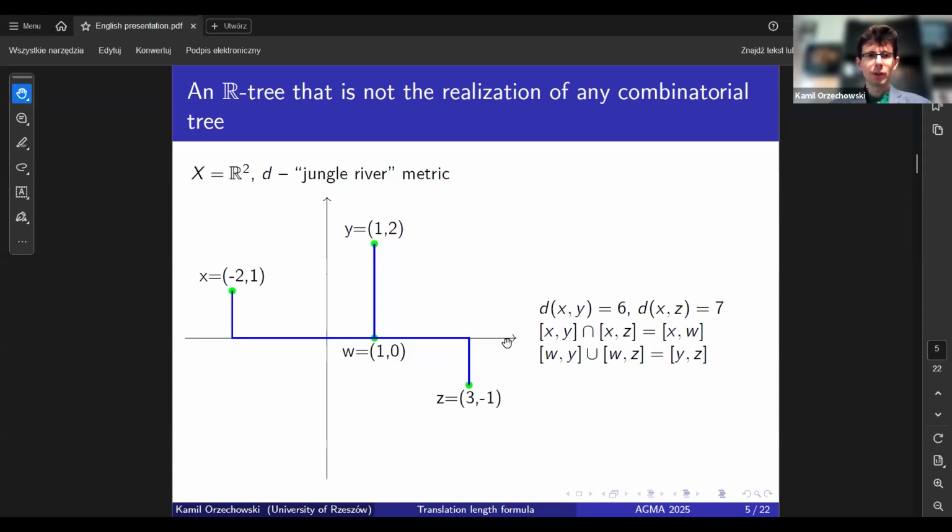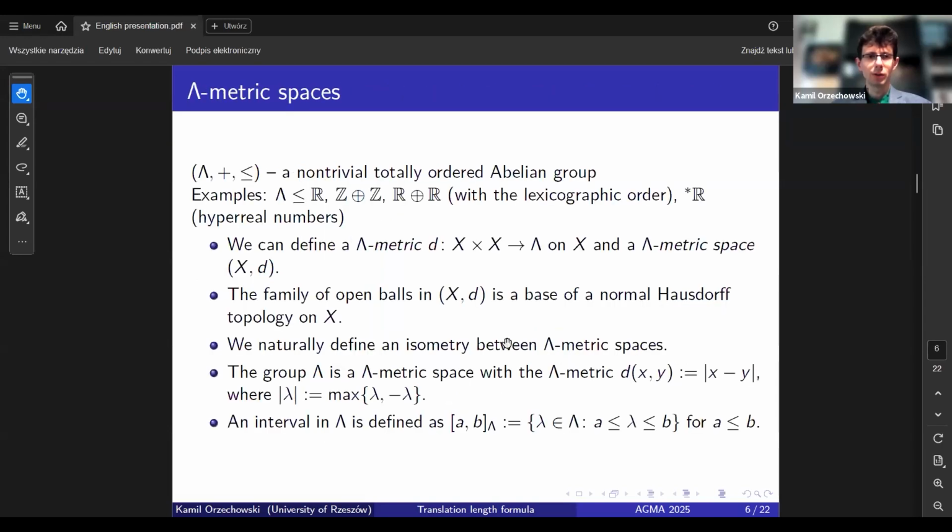The notion of a real tree can be further generalized to lambda tree. It was done by Morgan and Shalen in 1980s. And to define lambda tree, I will have to introduce briefly lambda metric spaces. So let lambda be a non-trivial, totally ordered abelian group.